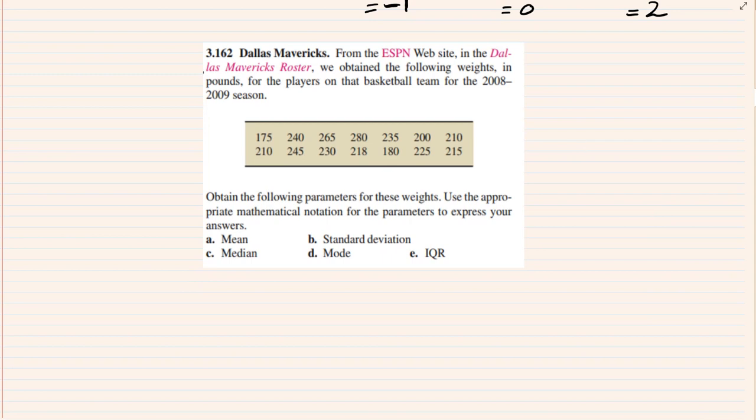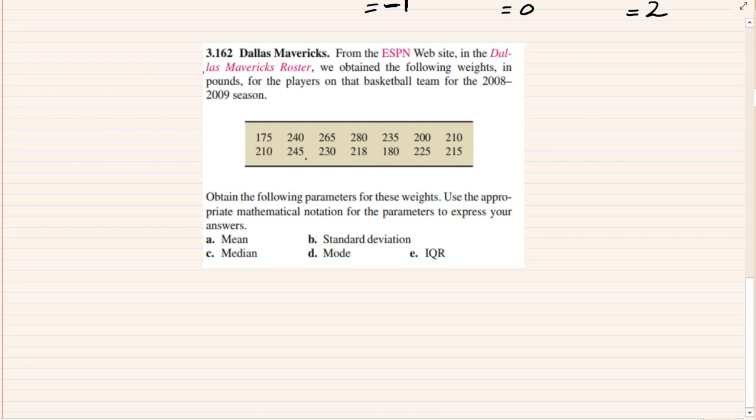This data is from the ESPN website. It looks like these are the weights in pounds for the players on the basketball team for the 2008 to 2009 season. So it looks like there are 2, 4, 6, 8, 10, 12, 14 scores here, right? So their size is 14.